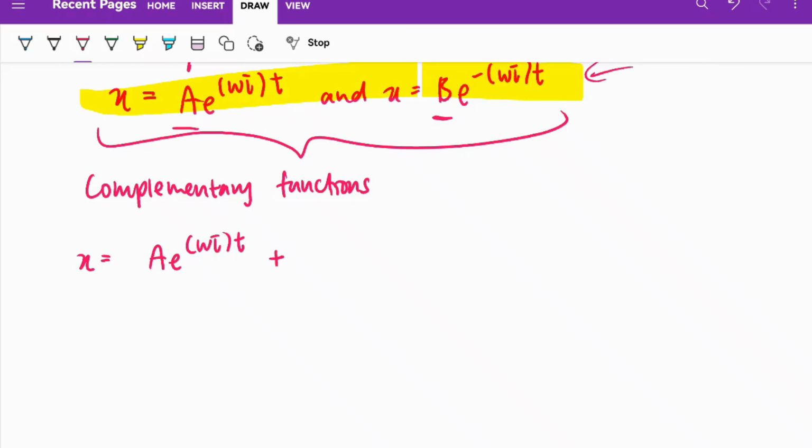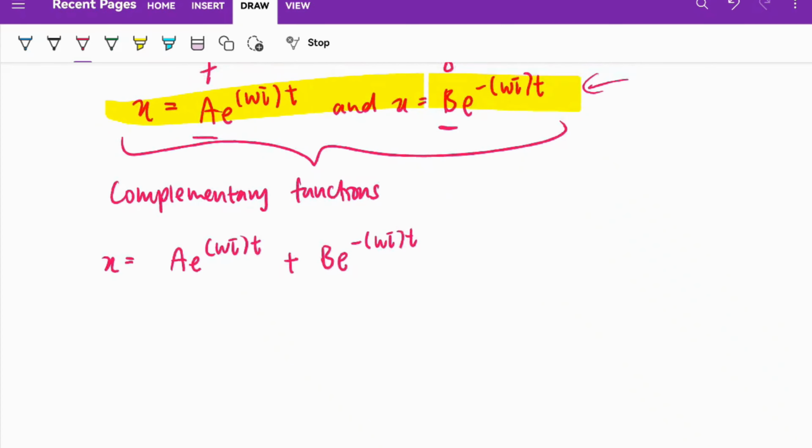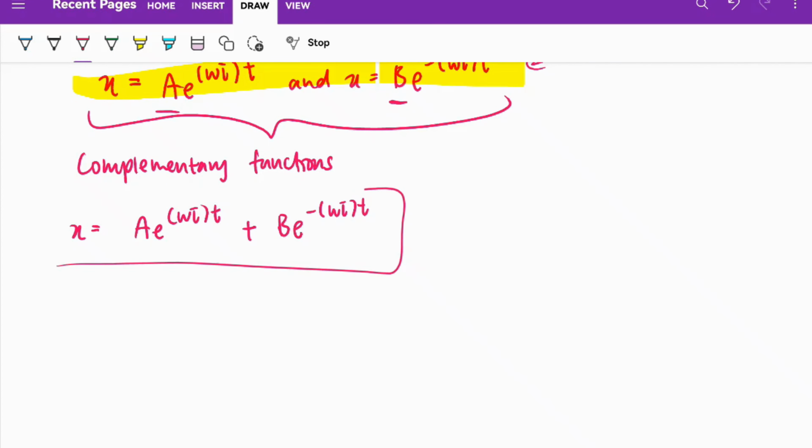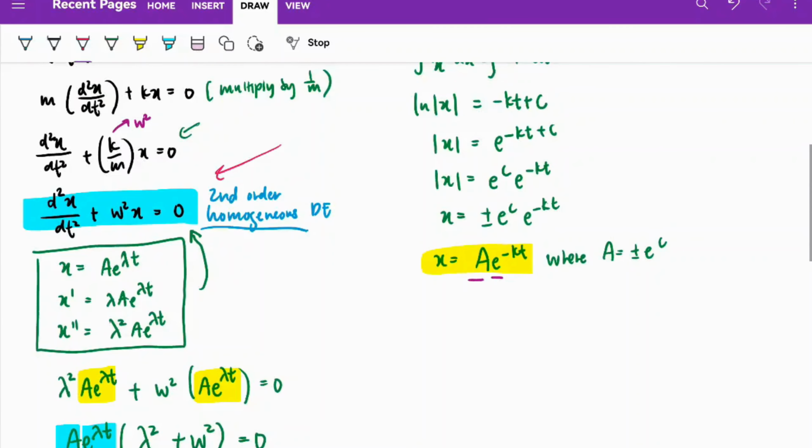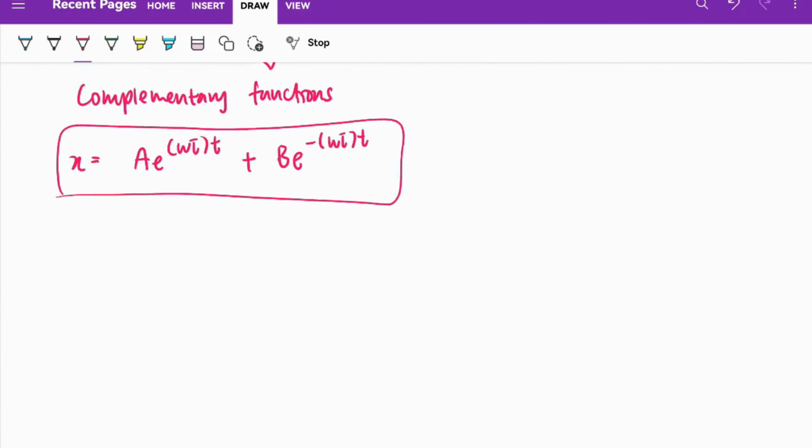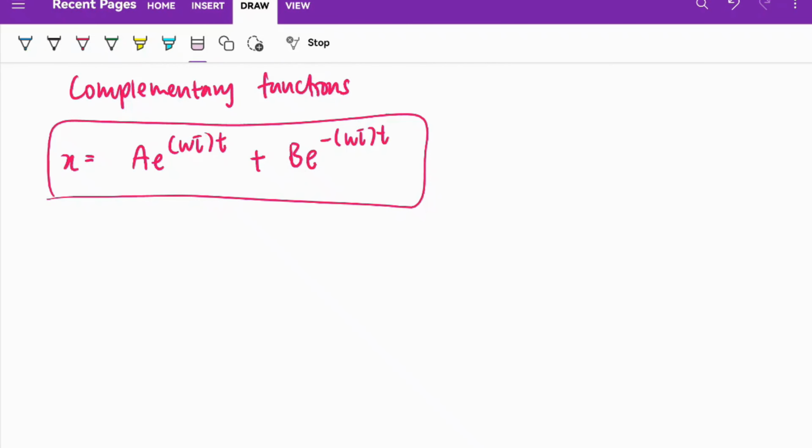Yeah, that will be your complementary function. I know you might be wondering, if we add this up and substitute inside our homogeneous equation, will we still get 0? Yes, you will still get 0. You can try and see, and you will definitely still get 0. Yeah, so this is the complete form of the equation.